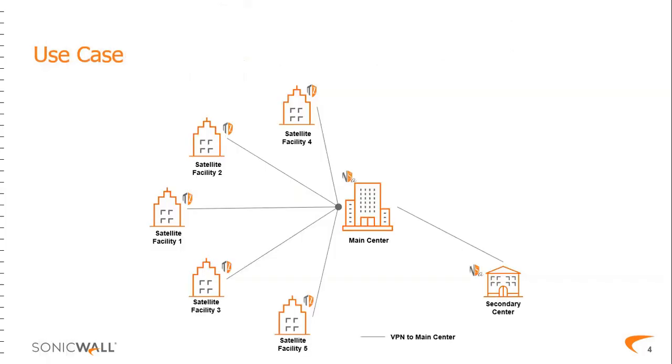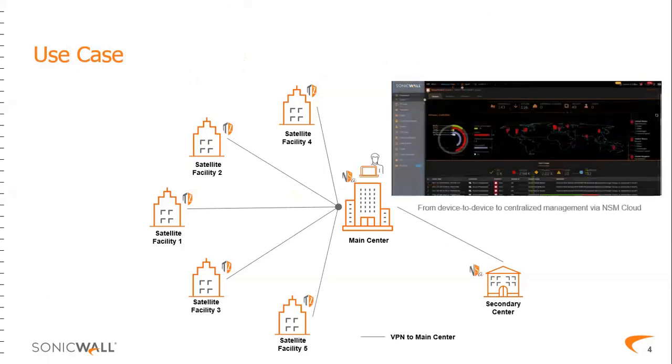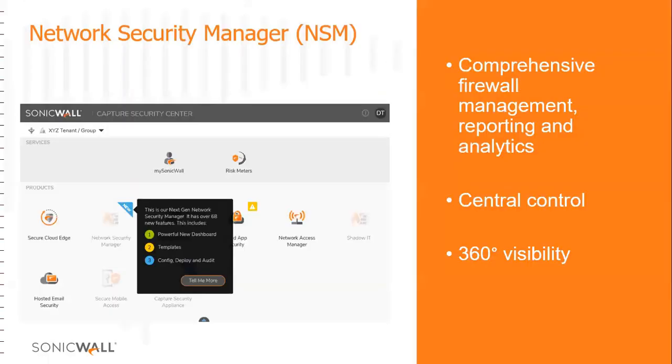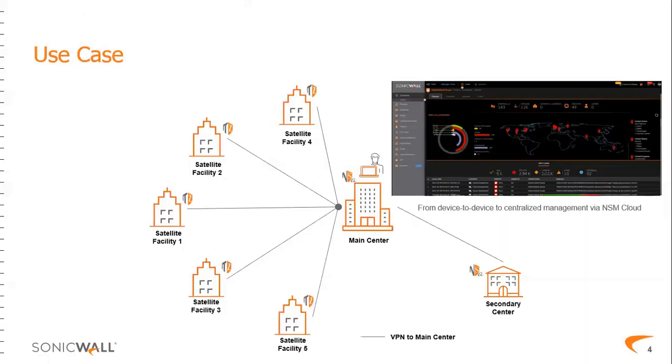So this is the use case. As we know, NSM is more on the management. If you have a lot of firewalls in different branches, you can add them to the NSM, and they will be in one single pane of glass.